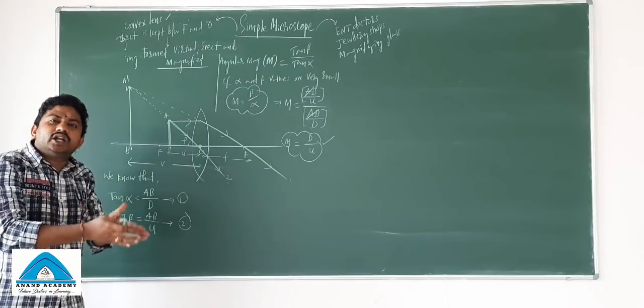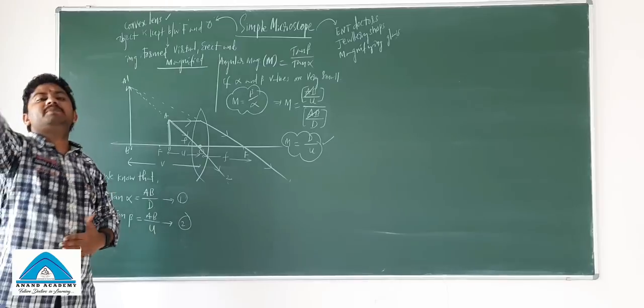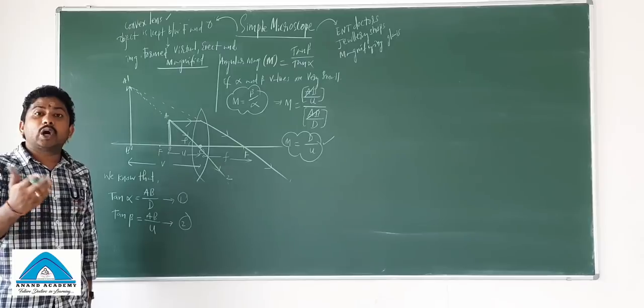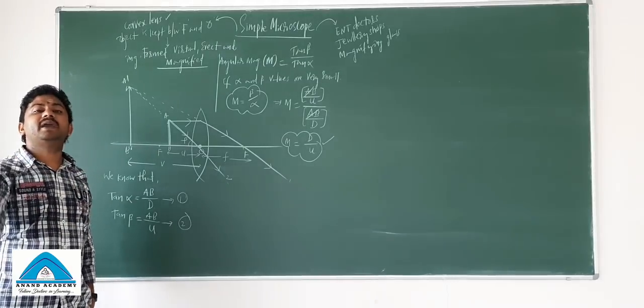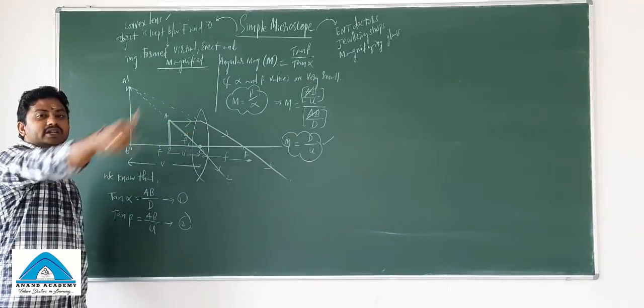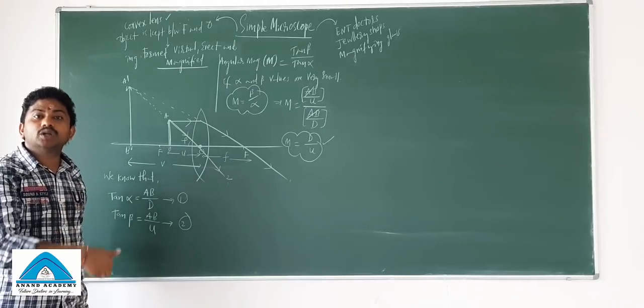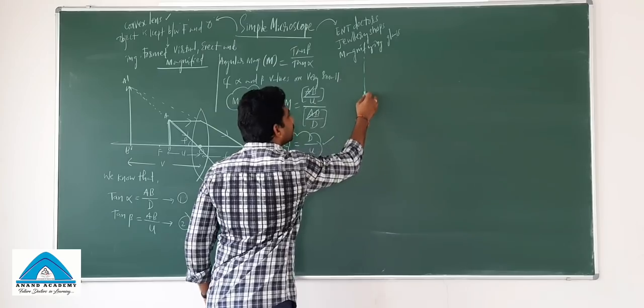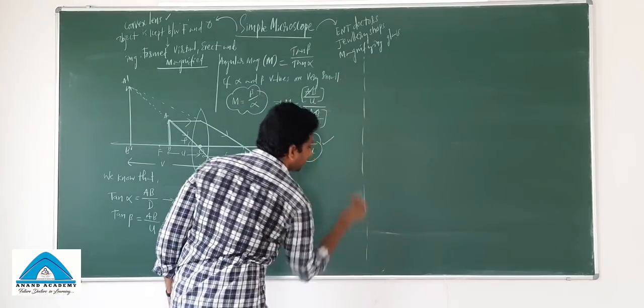Now, according to the position of the image, the magnification will be different. And let us talk about the magnification, right? So this is the major concept of this simple microscope.